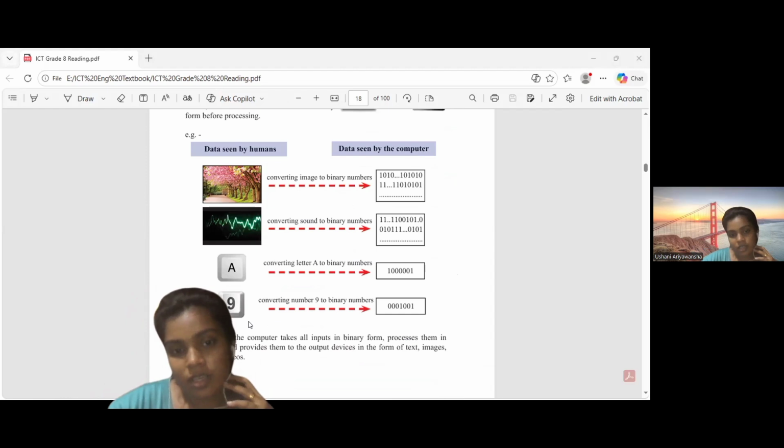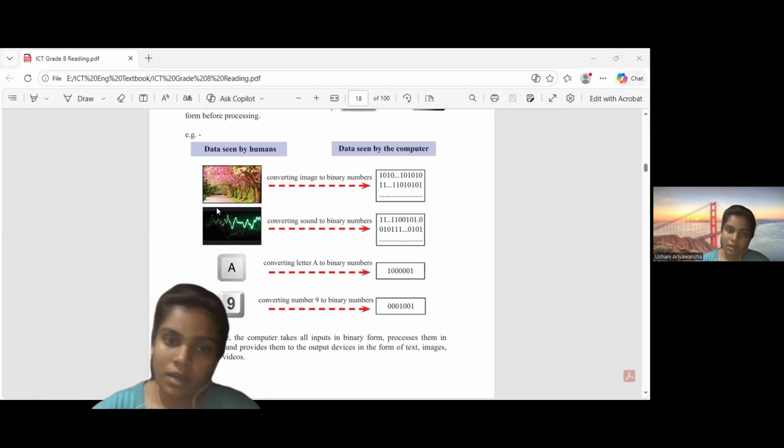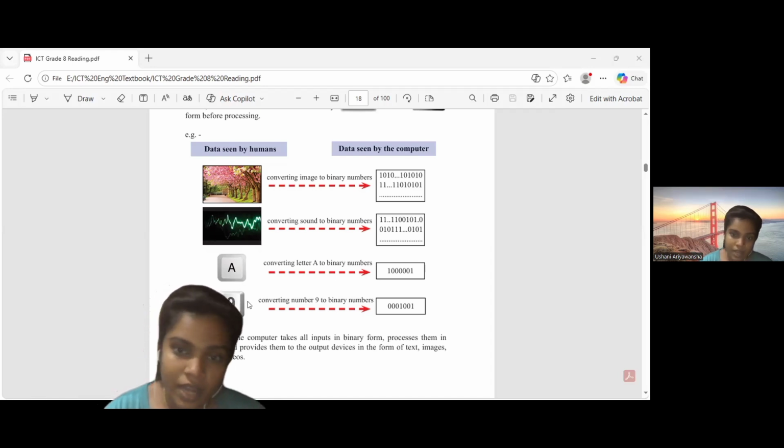Okay, Putte, you can see here there are several file types here. This is an image, this is an audio, this is a letter, right? This is a number, decimal number, right?